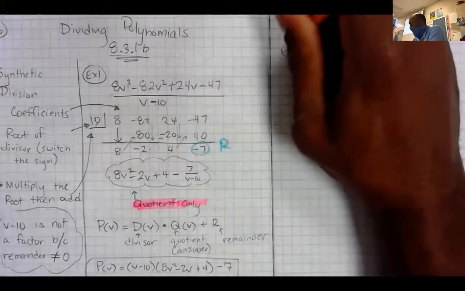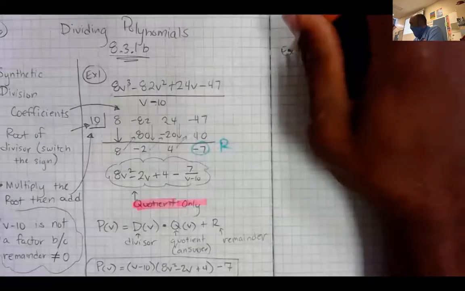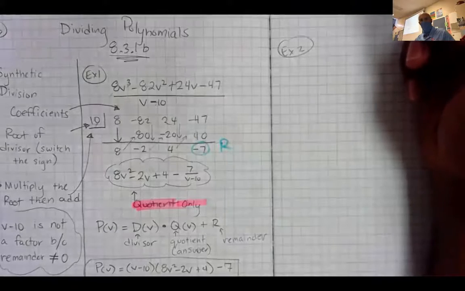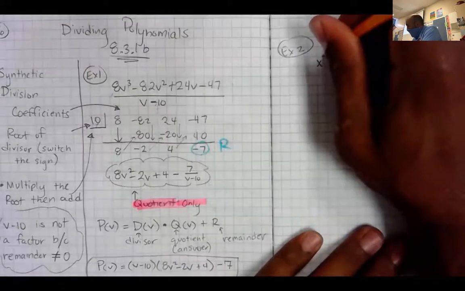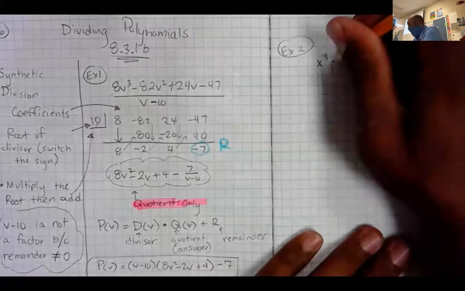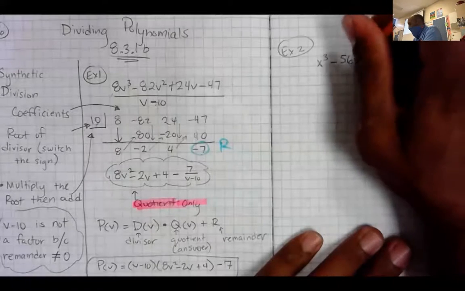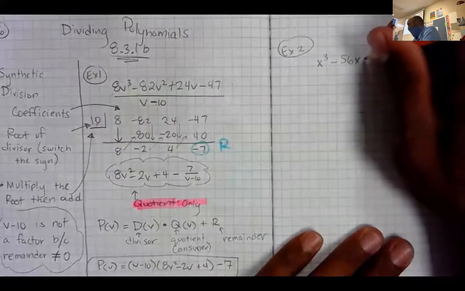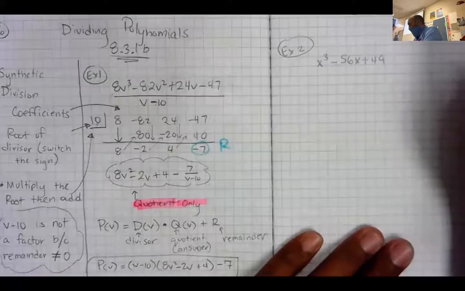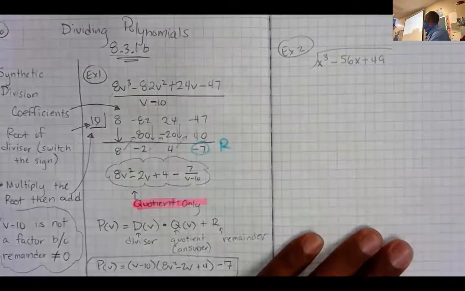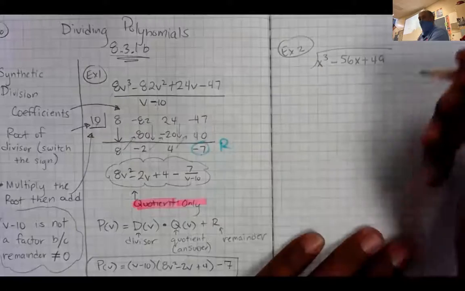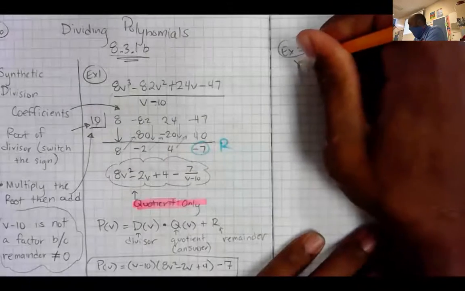Okay, so example 2. Let's do x cubed minus 56x plus 49. What I'm going to do is put the division symbol like that, and then put the divisor in front of it.